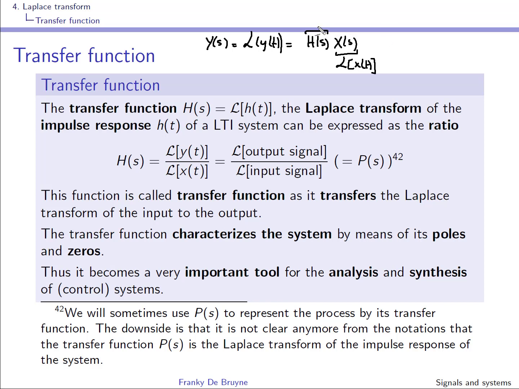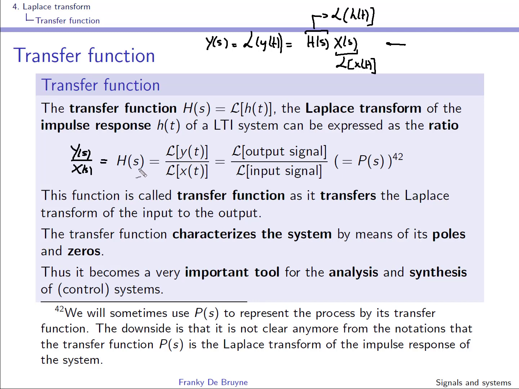So h of s can be written, as you can see from this equation, as y of s divided by x of s. So it's the Laplace transform of the output signal divided by the Laplace transform of the input signal.